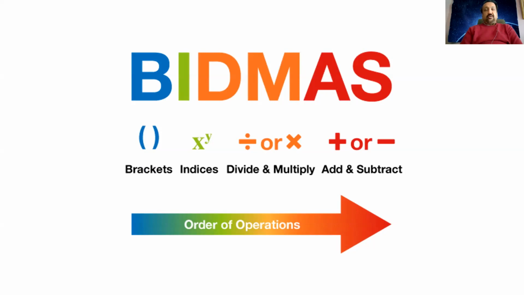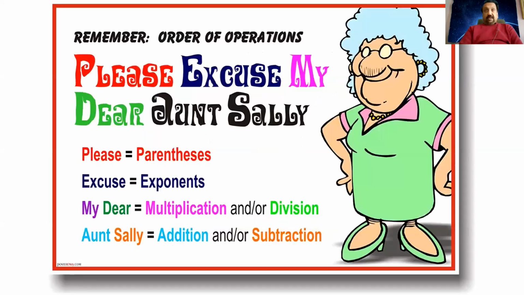We all know that we do whatever is within the brackets first, then we have to do the indices, divide, multiply, add, and subtract, and that's the order of operation. That's what is taught in British schools. If you are an American, the acronym they use is Please Excuse My Dear Aunt Sally. So it's parentheses, exponents, multiplication, division, addition, subtraction.